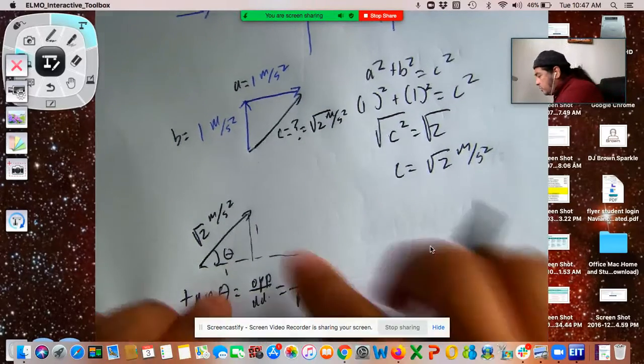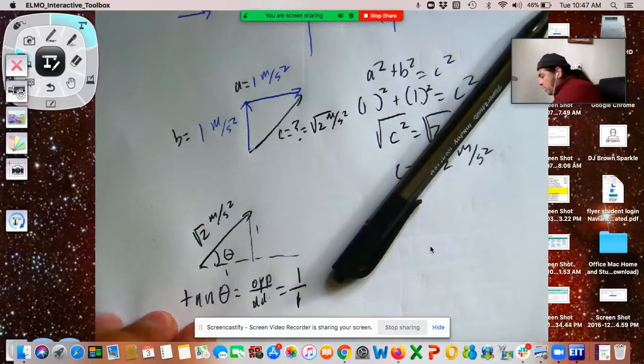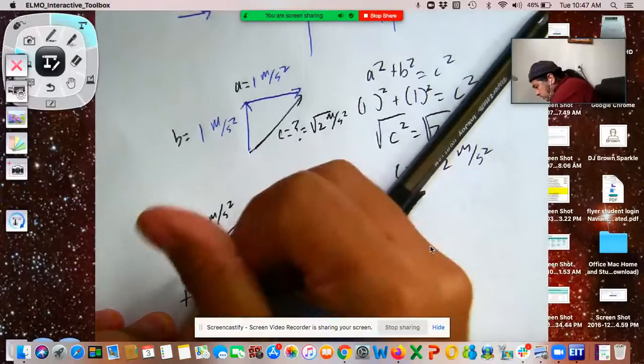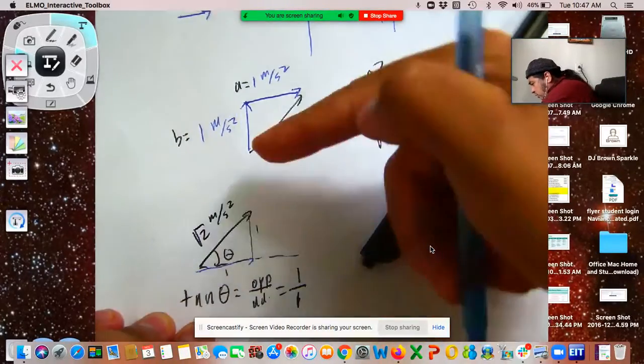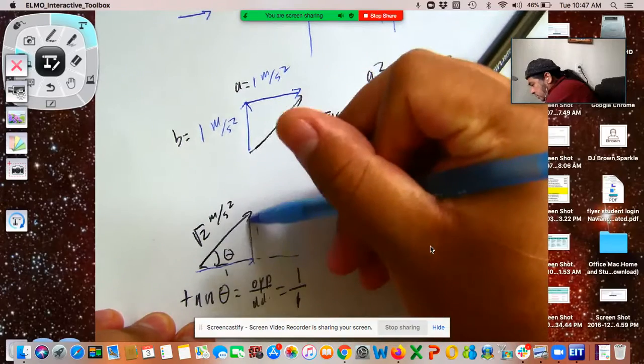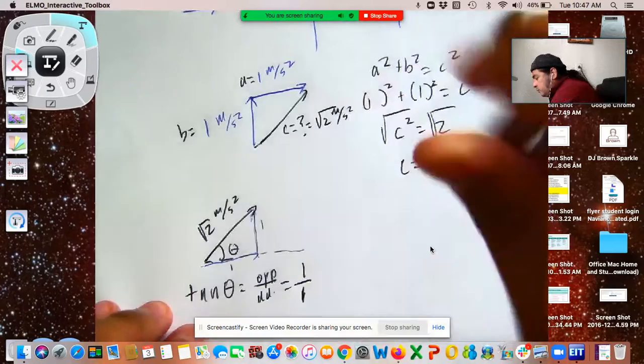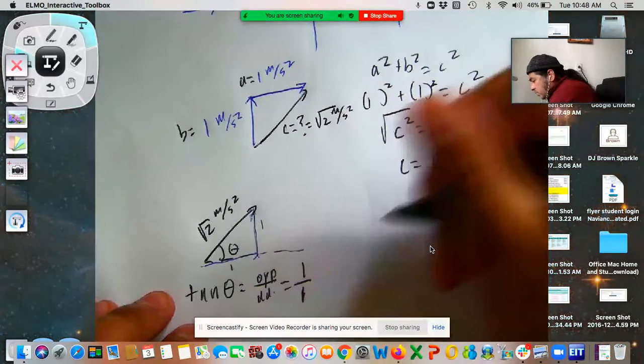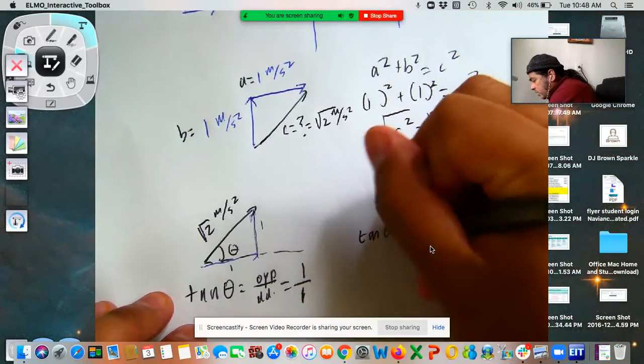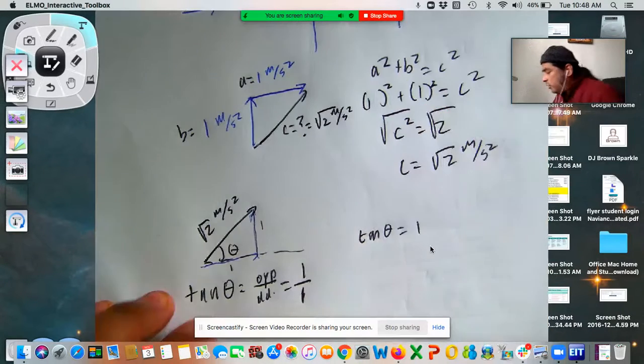Now, I got 1 because, remember, I know that this vector is 1 here, so I'll redraw the vector here. And I know this vector here is 1. They're all the same thing. Tangent theta is equal to 1, and I'm looking for theta. Well, how do I find that angle?